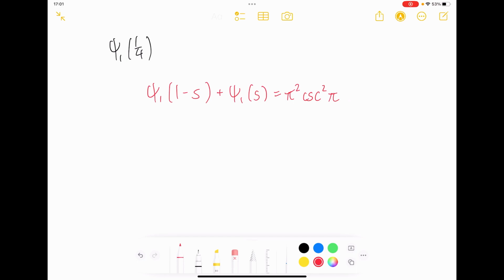Sorry, I'm used to using z in these cases because complex, but anyways, pi z.